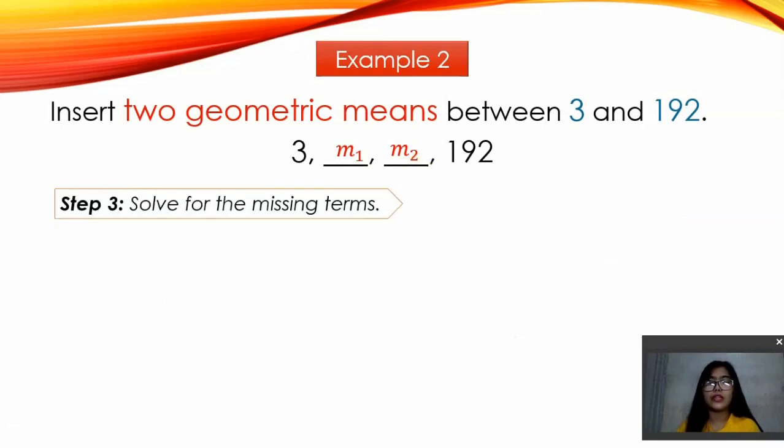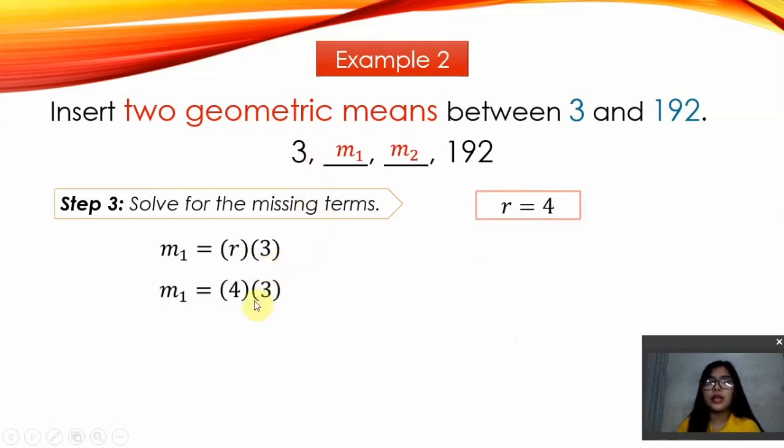Now we have our step 3, solving for the missing terms. So m sub 1 can be solved by multiplying the first term and the common ratio. So our first term is 3 times 4, that is 12. So our m sub 1 is 12. And then, let us solve for m sub 2.